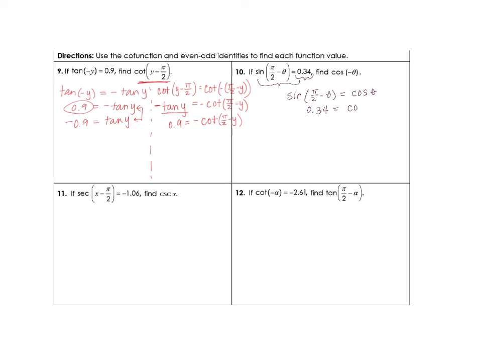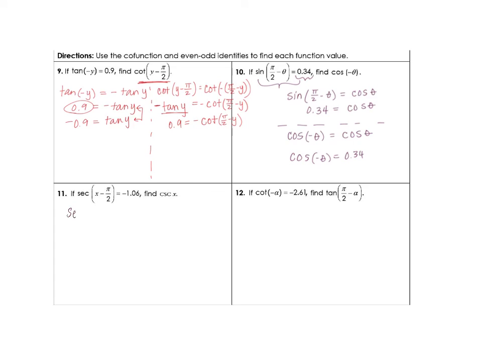That is cosine of theta. Now we also know that cosine of negative theta is equal to cosine of theta. So very quickly we see that cosine of negative theta has to be 0.34.